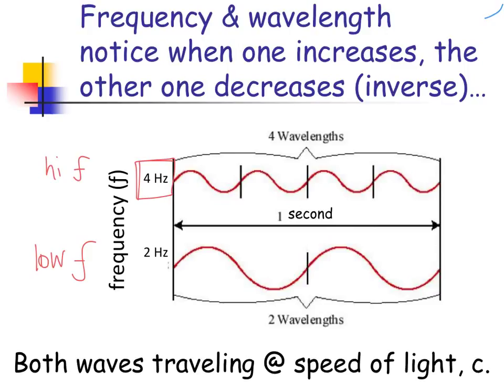Now let's analyze their wavelengths. So when their frequency is low, what kind of wavelength did this guy have from crest to crest? Well, if we're comparing it to the top wave, this top wave had a wavelength from crest to crest that's pretty short.